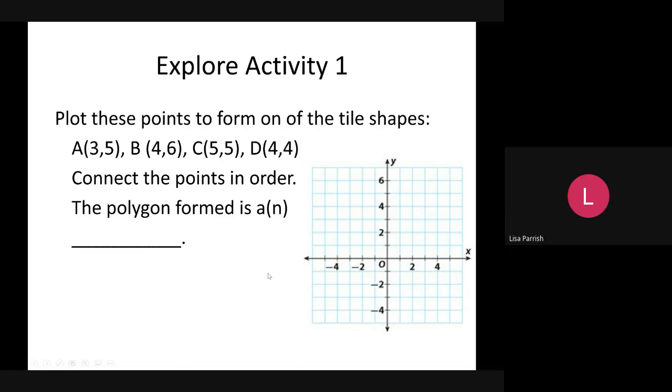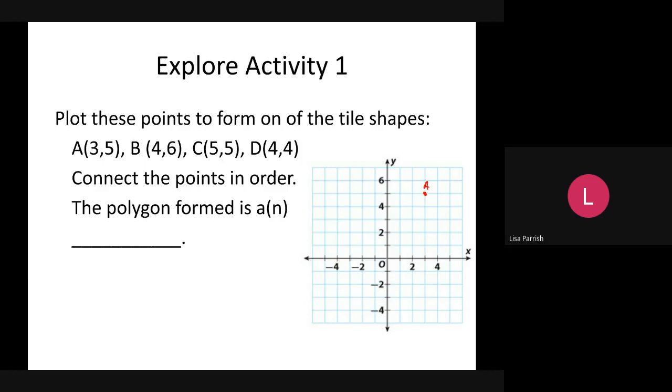So if I'm going to plot these points, the first point, point A, is the ordered pair 3, 5. That means I'm going to go over to the 3 and then up to positive 5, okay? And I'm going to label that point A. Always label them. Point B is positive 4, positive 6.